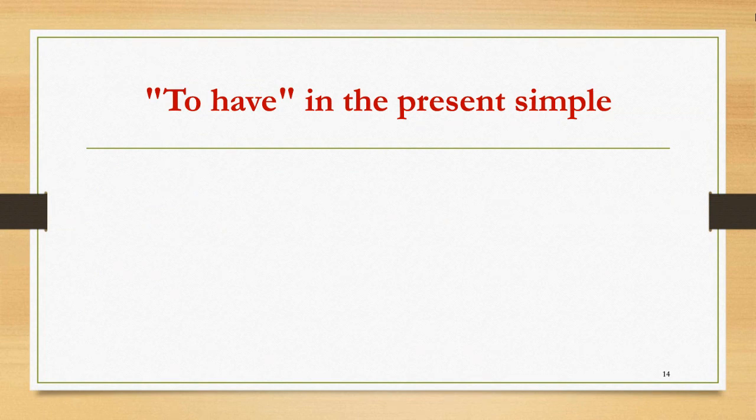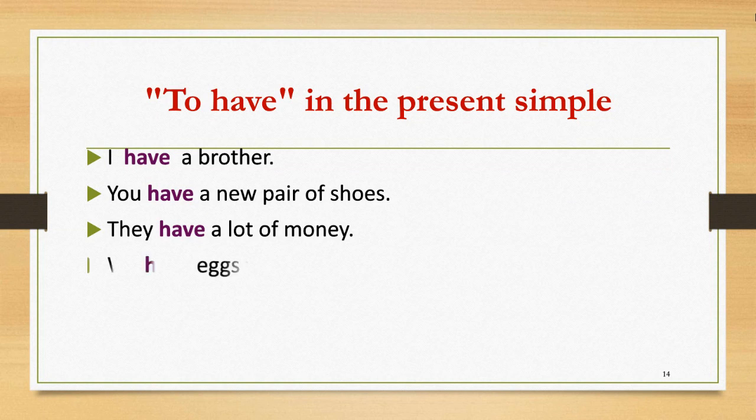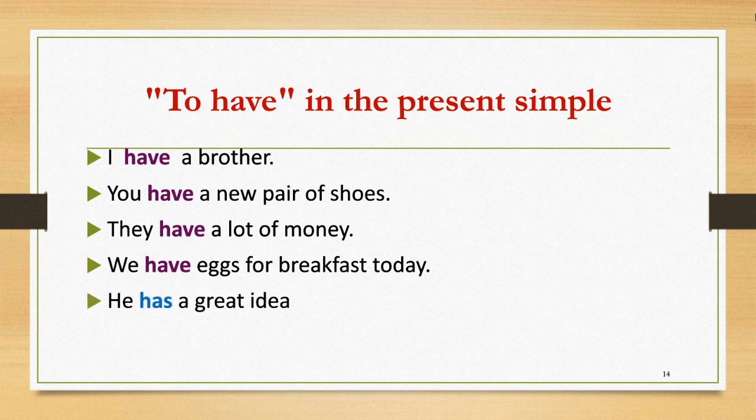For the verb to have in the present simple, we have: I have a brother. You have a new pair of shoes. They have a lot of money. We have eggs for breakfast today. He has a great idea. She has a very good vision.